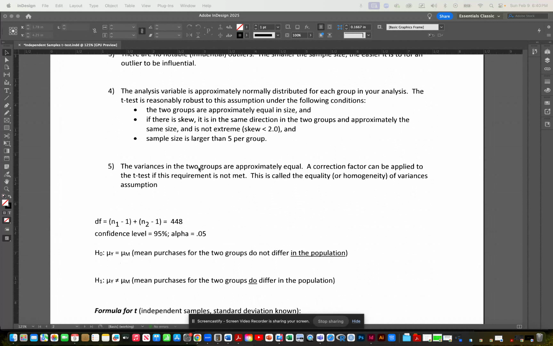But just so you know, when we're comparing 2 groups, this would be the formula: sample size 1 minus 1 plus sample size 2 minus 1. So in our example, that would be 448. And all our examples in our class will be working at the 95% confidence level, so that gives us an alpha of 0.05.